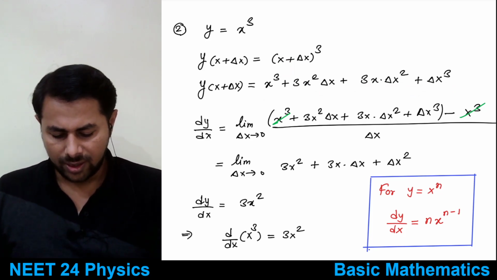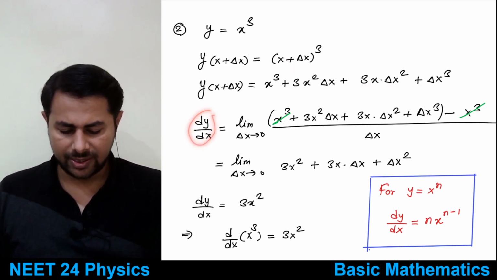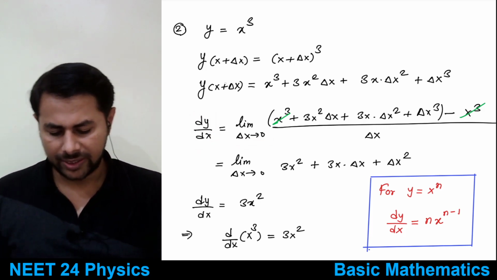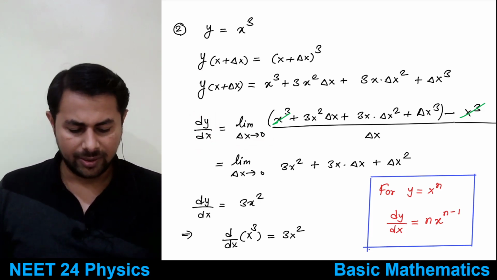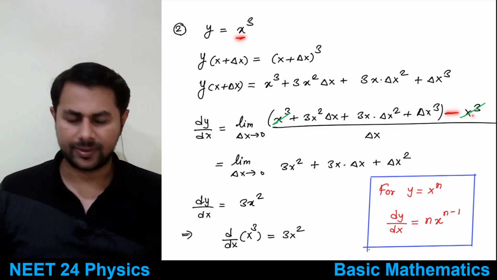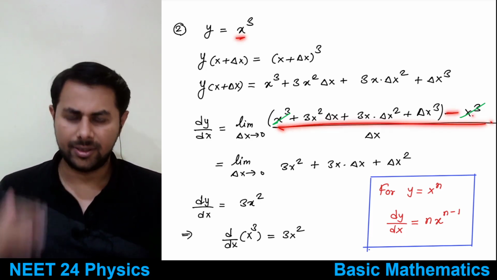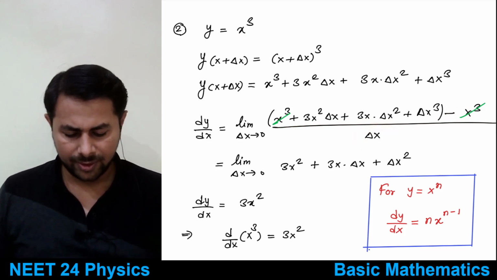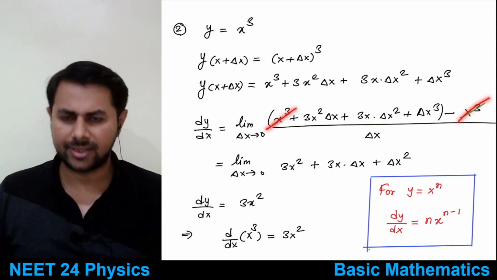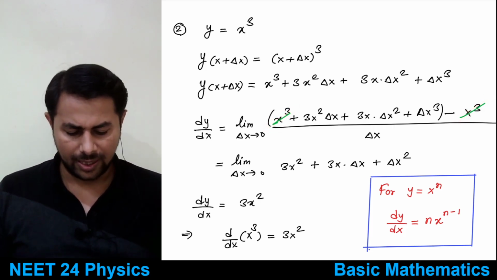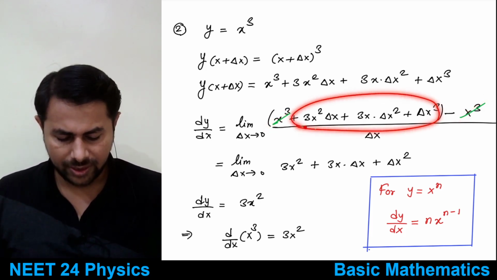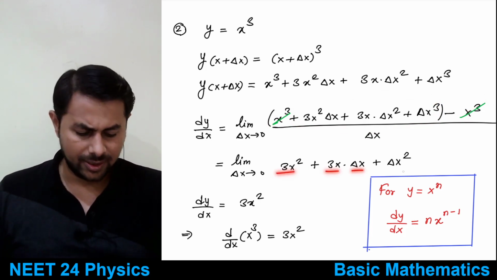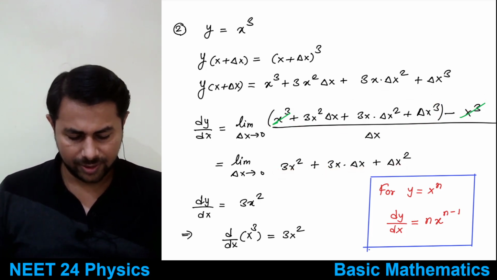Then again, what is dy by dx? It's the limit as delta x tends to 0 of f of x plus delta x, or you can say y of x plus delta x minus y of x. So you put that in the numerator, and in the denominator you have delta x. Again this x cube and x cube gets cancelled out. After that you have 3x square plus 3x delta x plus delta x square remaining.